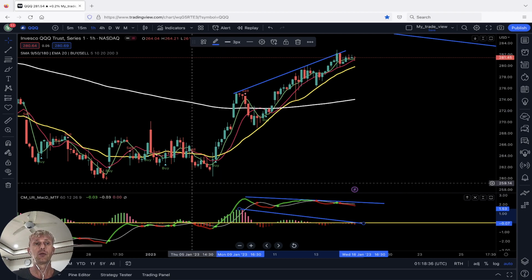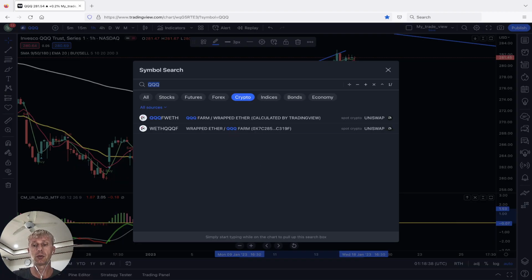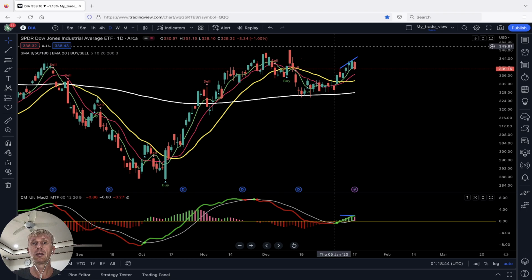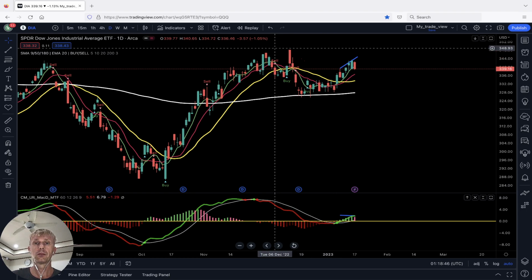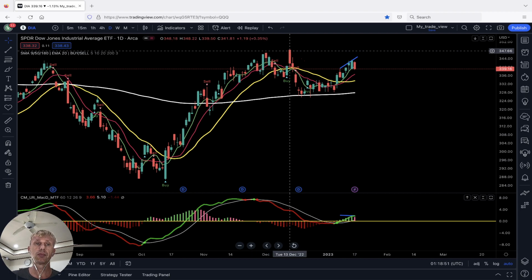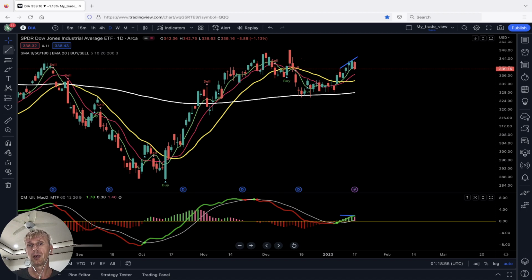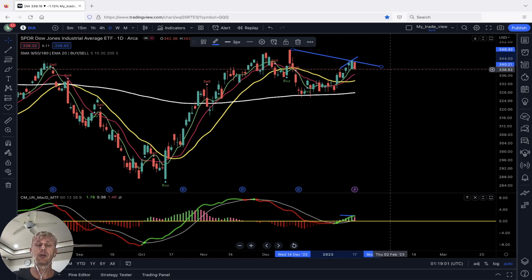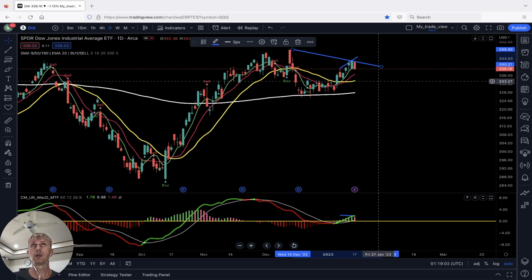Okay, let's move to Dow Jones. I'm sorry, daily. Dow Jones daily. It's a different trend. It's still kind of bearish from the top, but completely different than SPY or Qs.